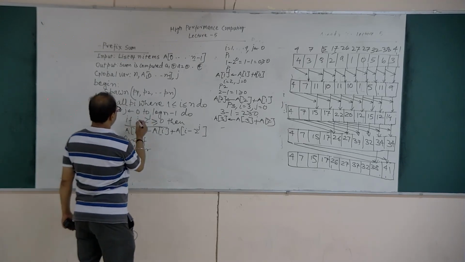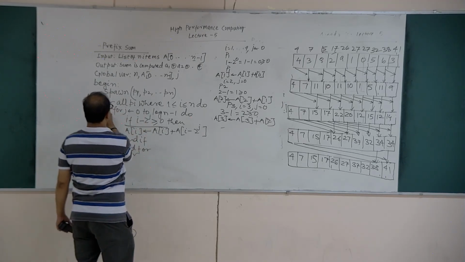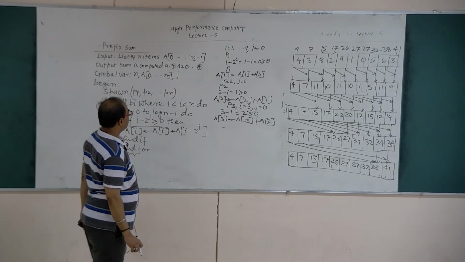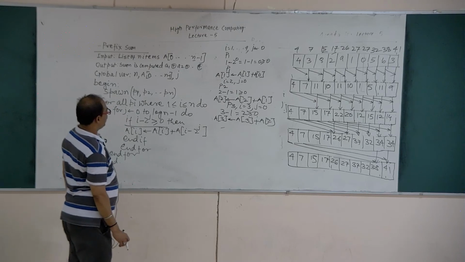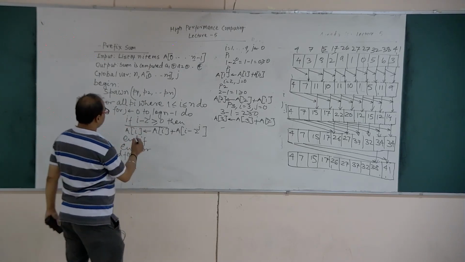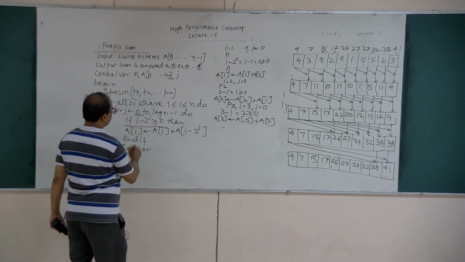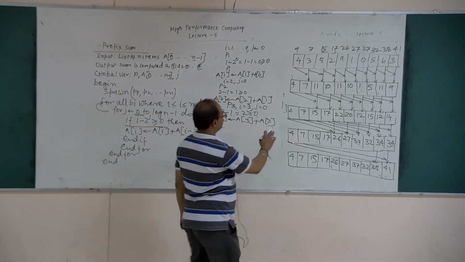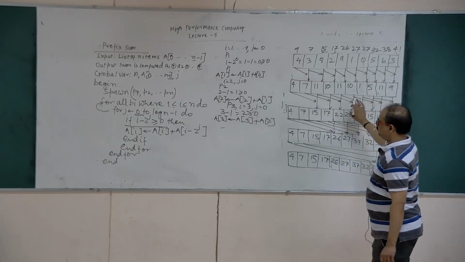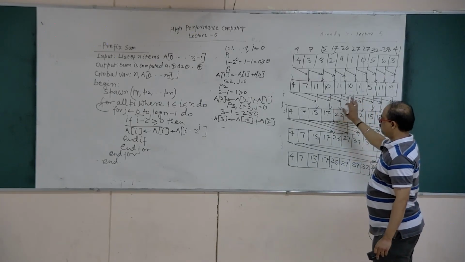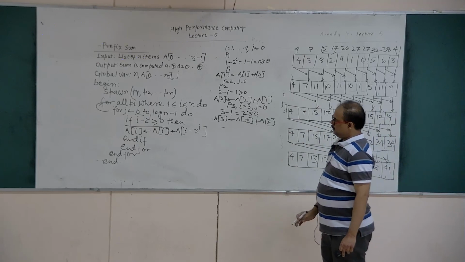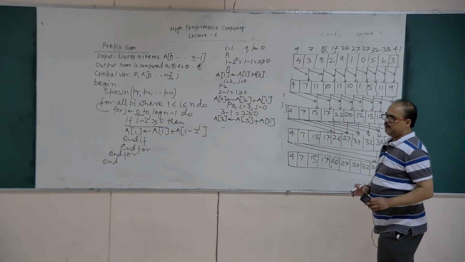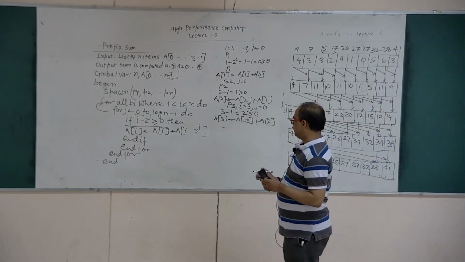Then for the next iteration we again use n minus 2 processors, and the value of j will again be 0, and so on and so forth. So in the next iteration it will perform the computation for n minus 2 processors. This is how we compute the prefix sum, and I think the concept is clear now.